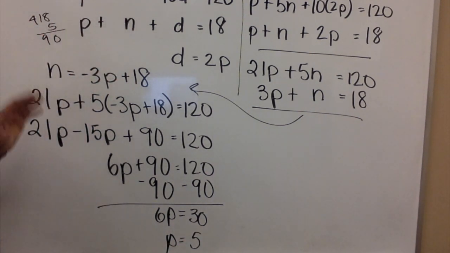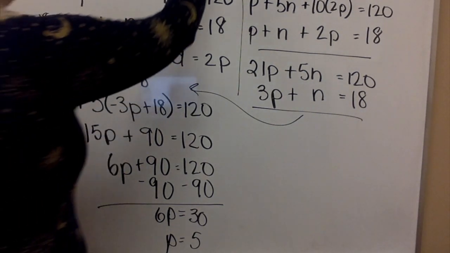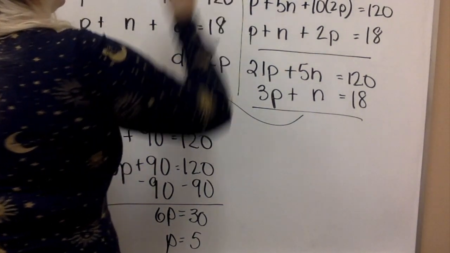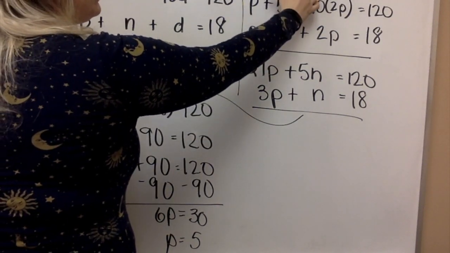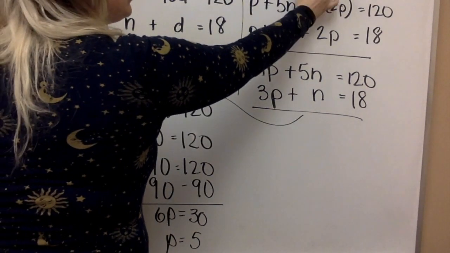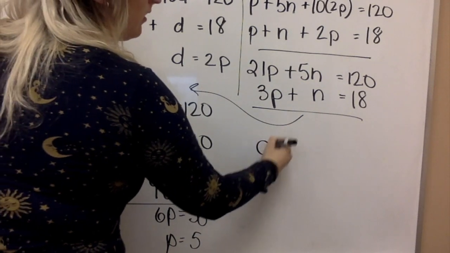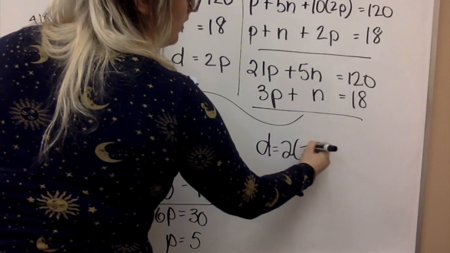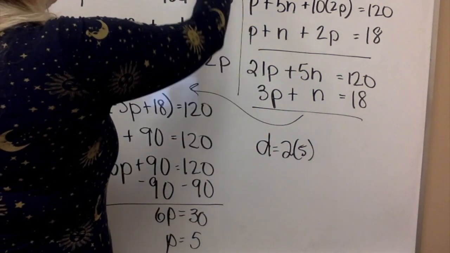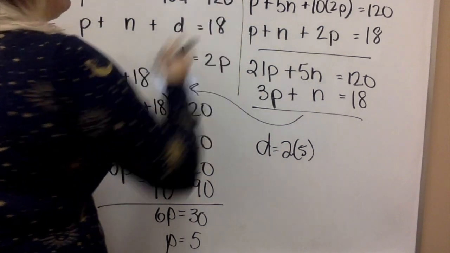Great. So now that I know what p equals, meaning I have 5 pennies, I can figure out how many dimes I have, because 2 times 5 is going to get me that. And so my dimes is going to be 10.